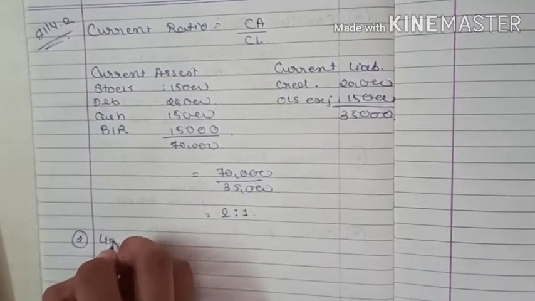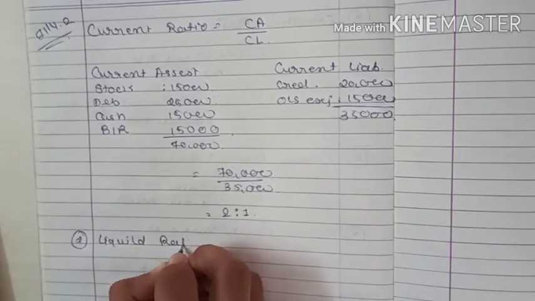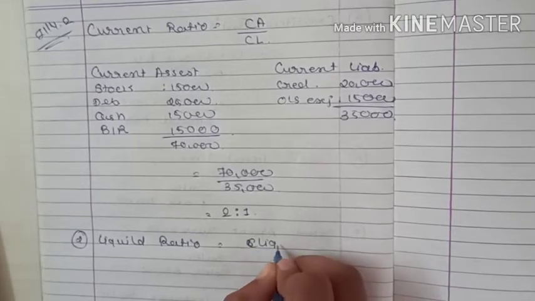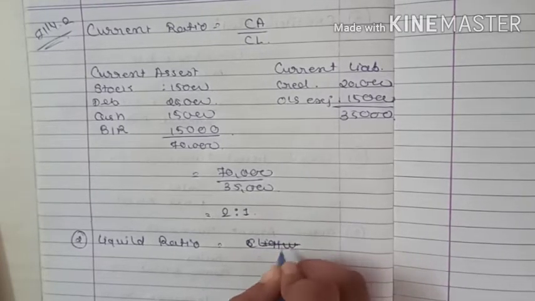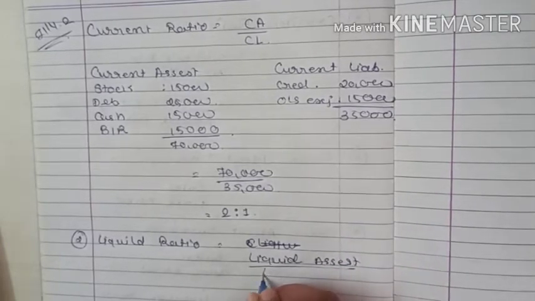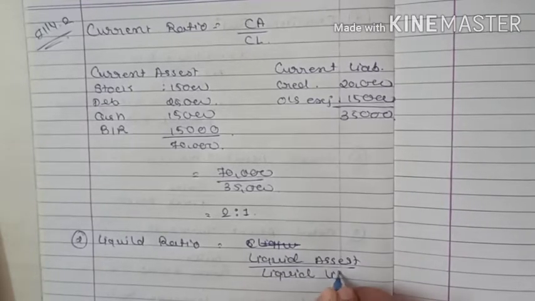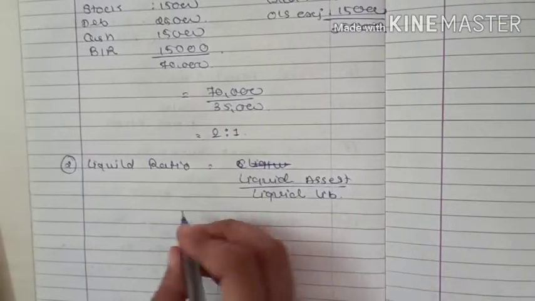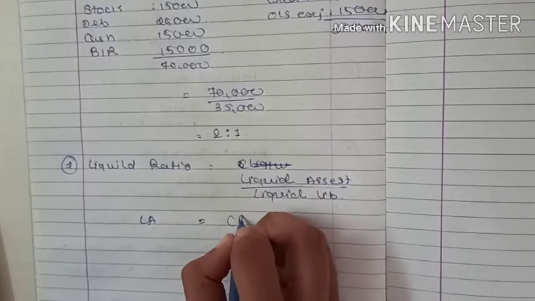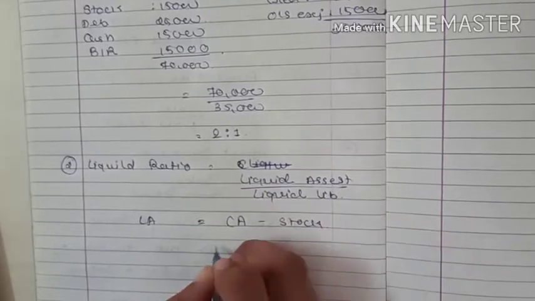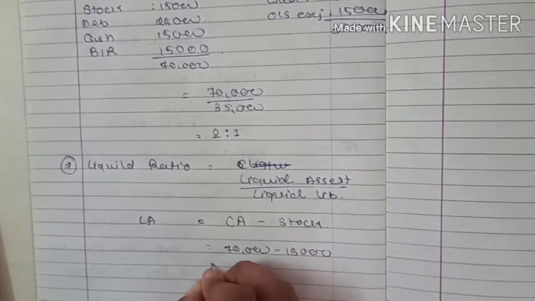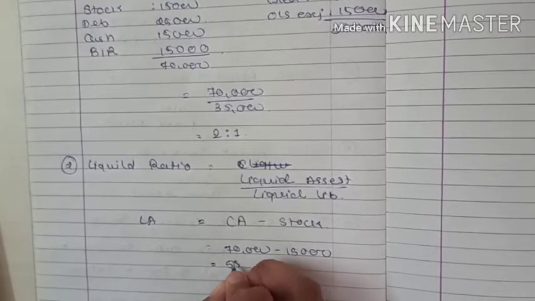Now second is liquid ratio. Liquid ratio is equal to liquid assets divided by liquid liability. Right? So how do we find the liquid asset? Liquid asset is equal to current assets minus stock. Current assets are 70,000 minus stock 15,000. We get liquid assets of rupees 55,000.